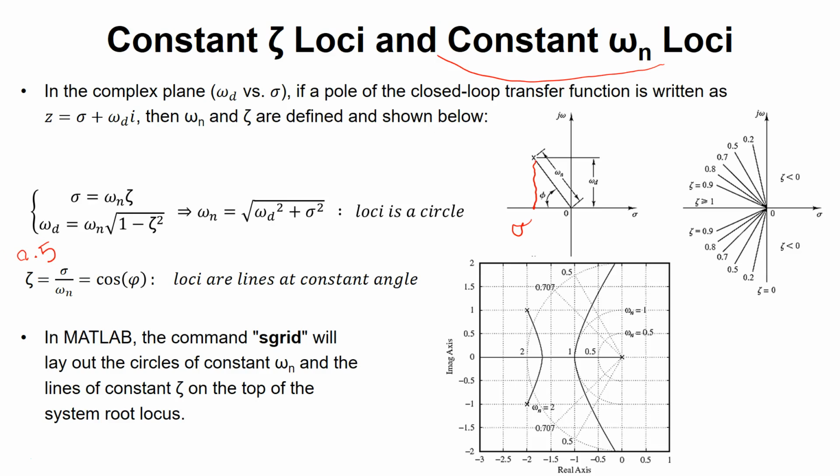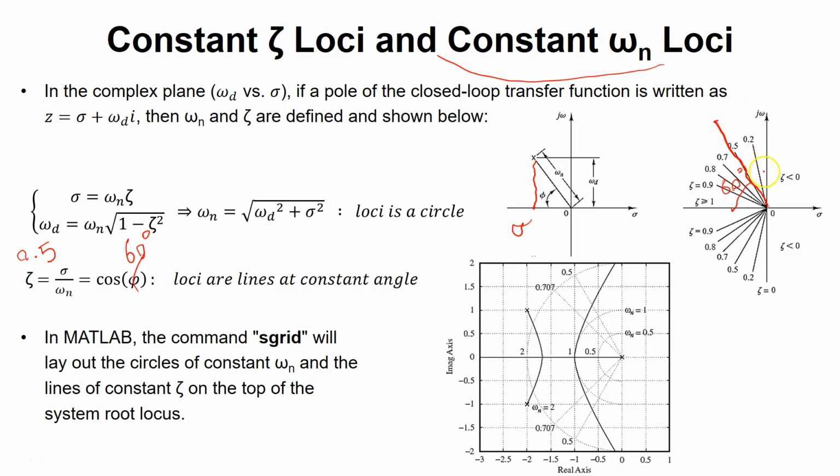Well, what angle has cosine equal to 0.5? We know that this angle should be what? Yes, 60 degrees. So this angle is 60 degrees with respect to the negative real axis, and this line here is the location of what?